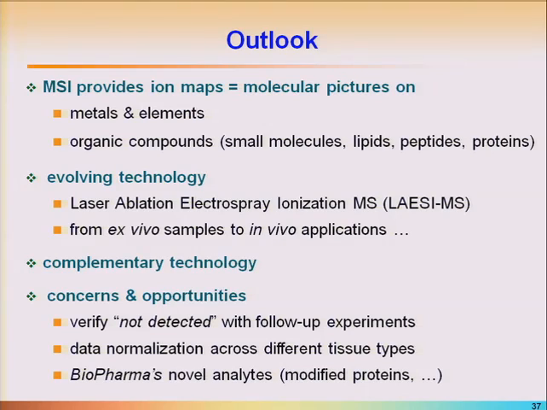All these samples that I showed were ex vivo samples, but there are now applications of imaging mass spectrometry to in vivo settings where surgeries are supported by mass spectrometry, for example, to establish tumor margins. It is clearly a complementary technology. It's not replacing anything. I showed some examples with QWBA and imaging mass spectrometry.